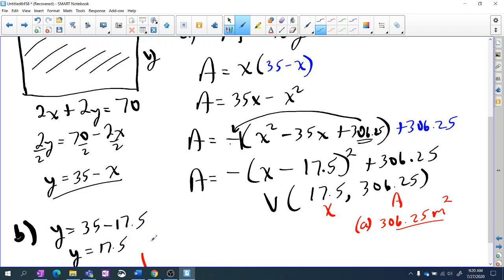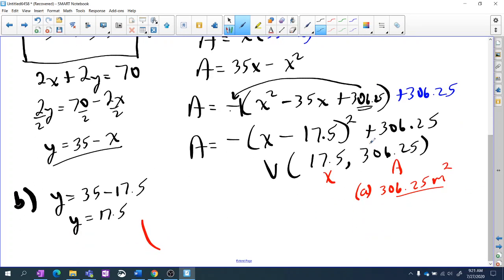So actually it turns out that it's a square. So my optimal measurements, actually, when you do this stuff later on in calculus, that's what we call this. We'll do it again later on using calculus. It's called optimization. Optimal meaning maximum or minimum. So the measurements that give us this maximum area would be x would be 17.5 and so would y.